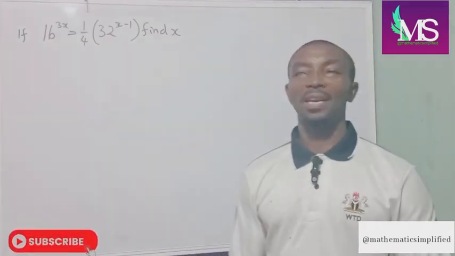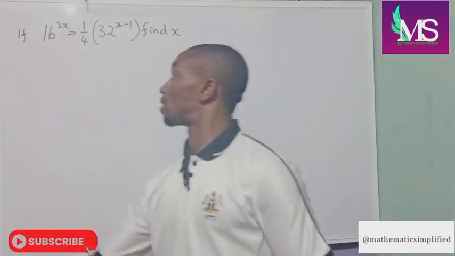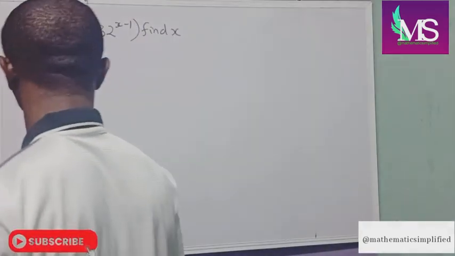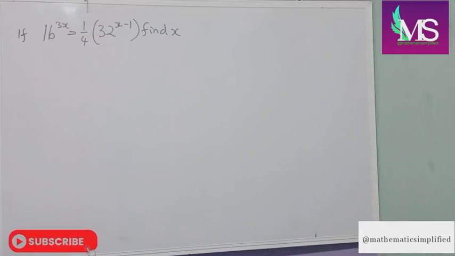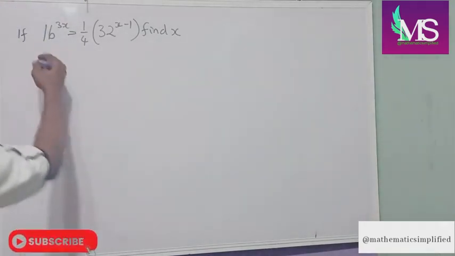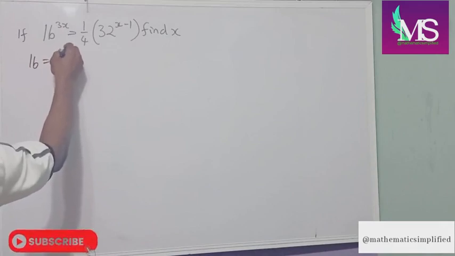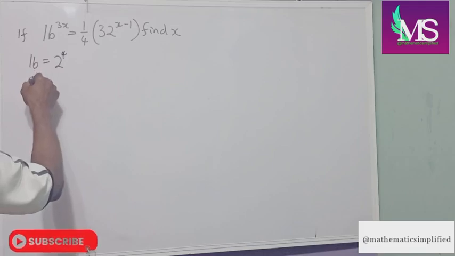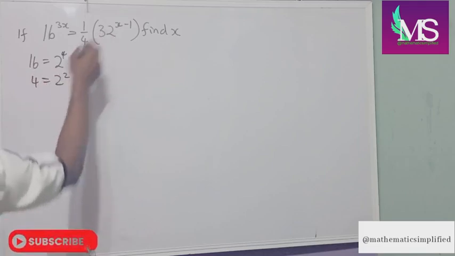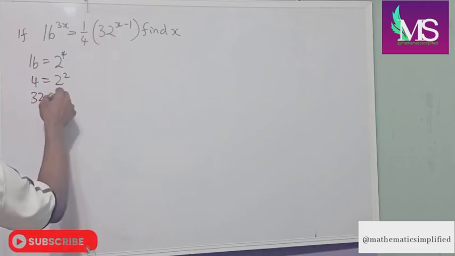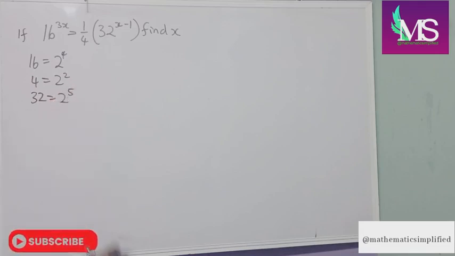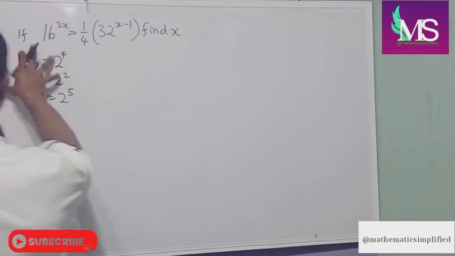Our next question says, if 16 raised to 3x equals 1 over 4 bracket 32 to the power x minus 1, find x. Now, in solving this, we know that 16 equals 2 raised to power 4, 4 equals 2 raised to power 2, and 32 equals 2 raised to power 5. So we'll replace each of these terms with this.